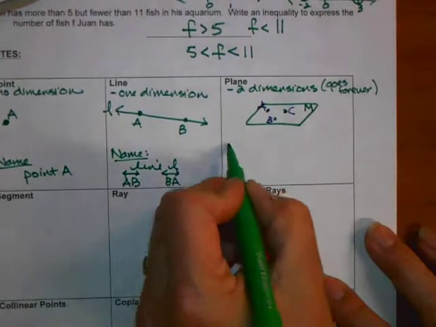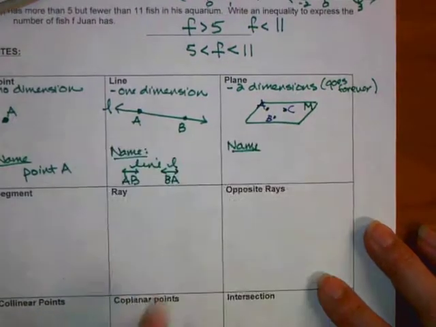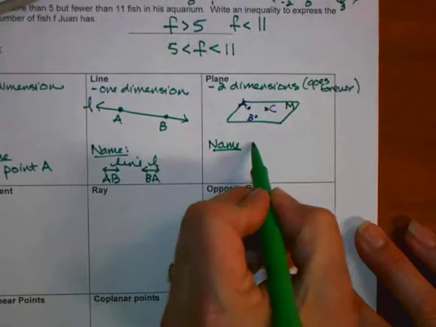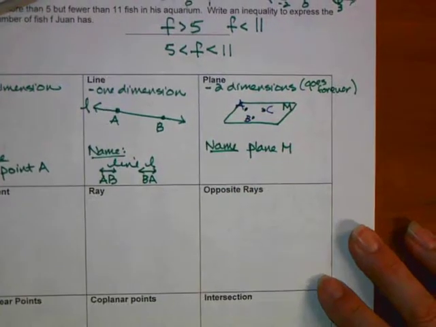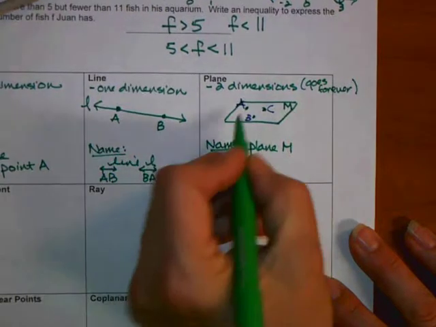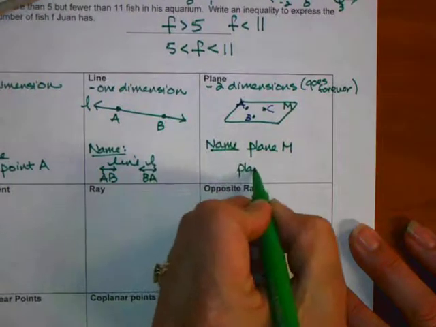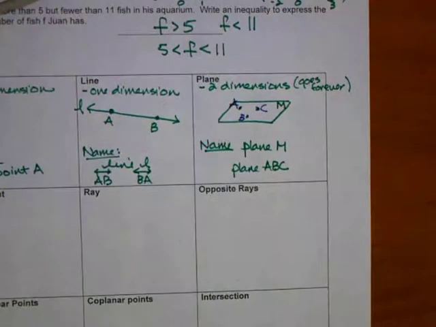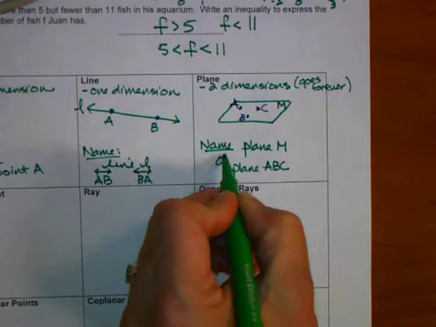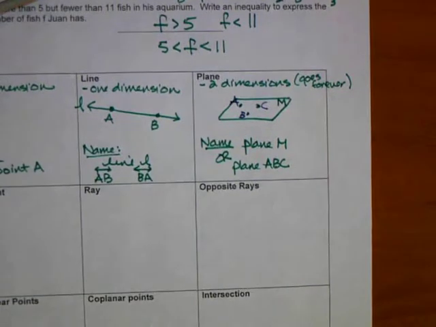Okay, so to name this plane, you could say plane M. Or you could use the letters where the points are. Plane ABC or CBA or BCA. Doesn't matter. Cool?